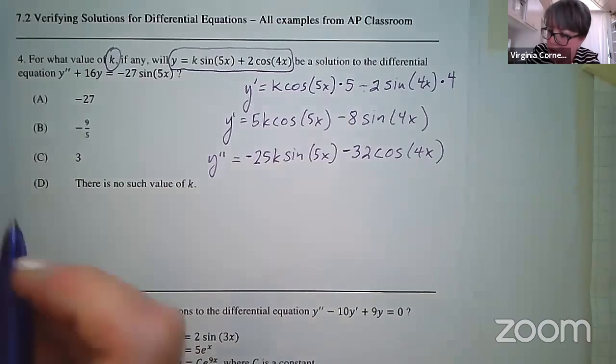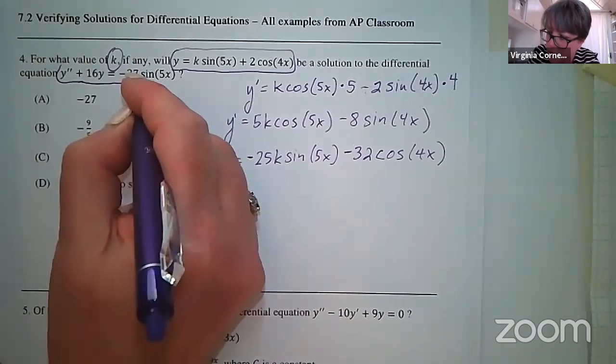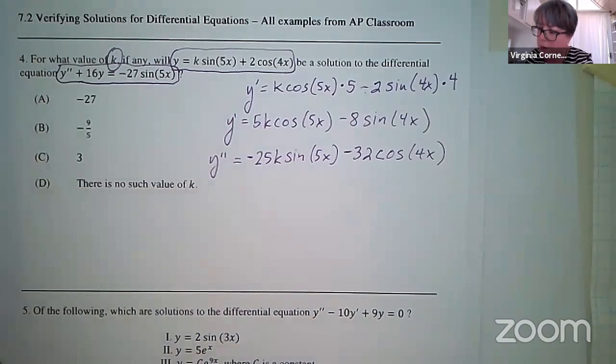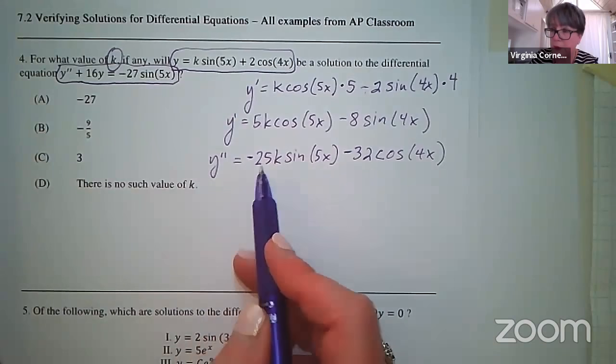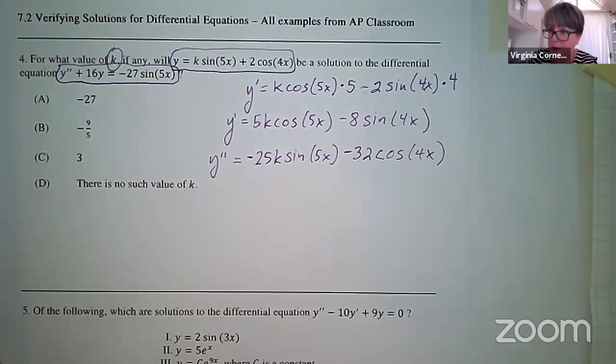So in this differential equation, y double prime plus 16y is equal to negative 27 sine of 5x. I'm going to substitute this y double prime in, and hopefully a lot of things will add to 0, cancel out, whatever you want to call it.